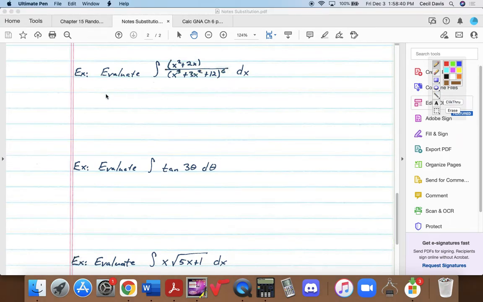I would very much rewrite that to start with. This would be x cubed plus 3x squared plus 12 to the negative 6th times x squared plus 2x dx.